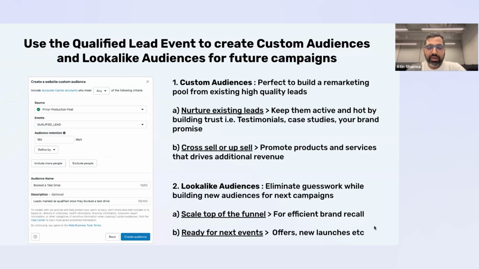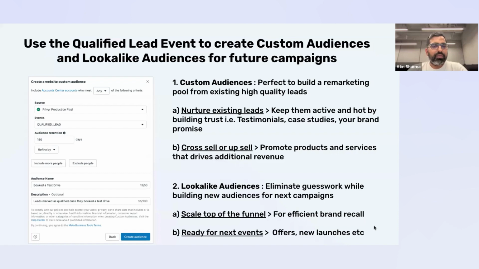So moving on to the next topic, that is lookalike audiences. Again, we are all very familiar. We have done it a lot of times, but here, in the context of our lead gen and with the qualified lead as a fresh indicator, which we now have through Meta Conversions API, lookalike audiences are real time and eliminate the guesswork while you build audiences for your next campaigns.